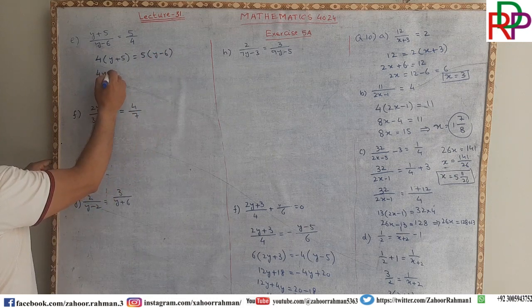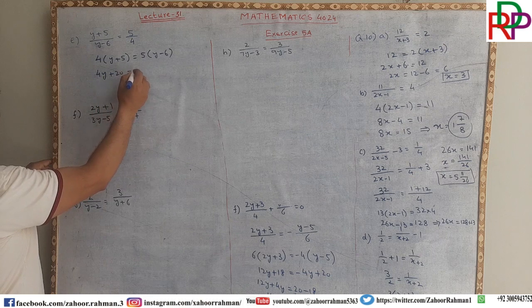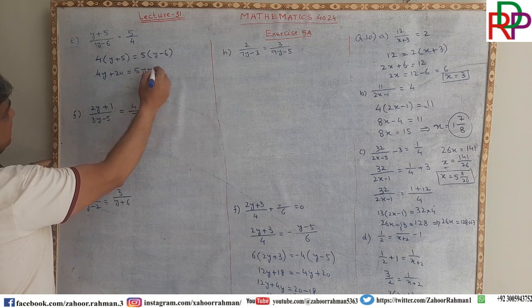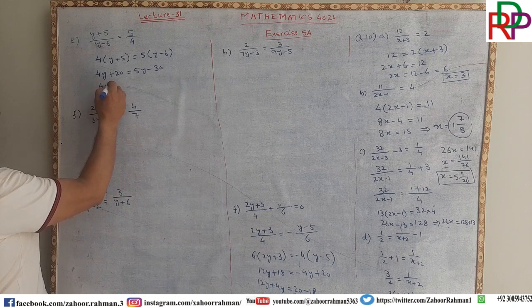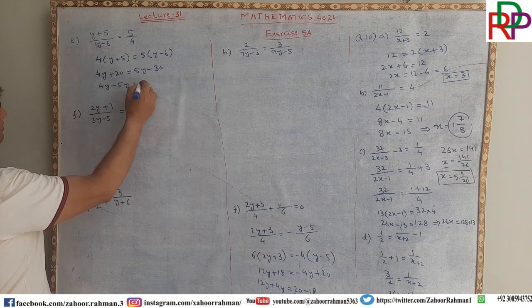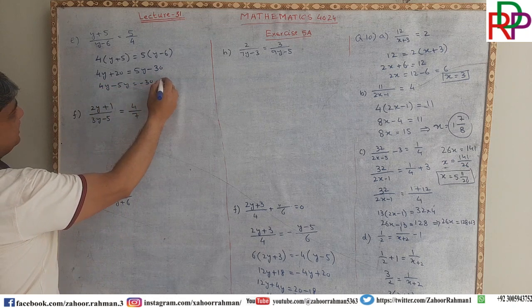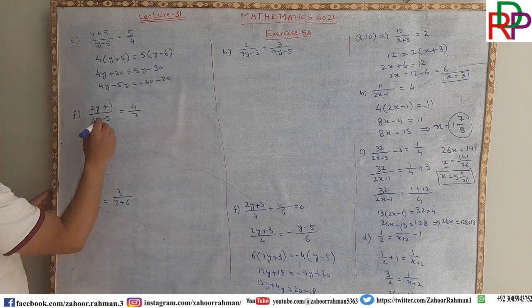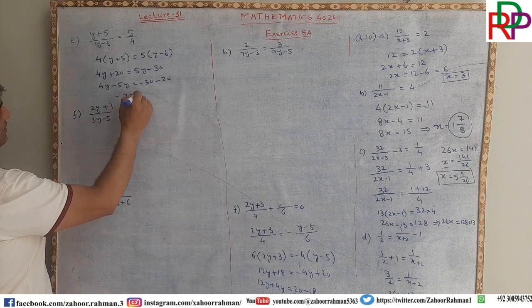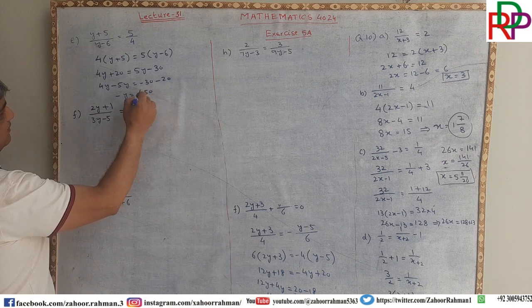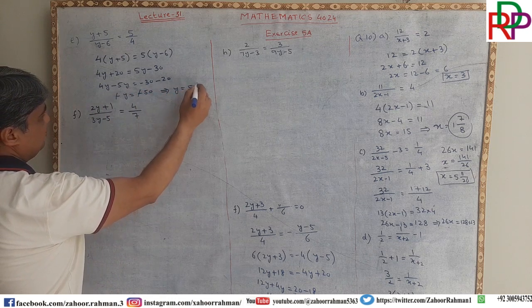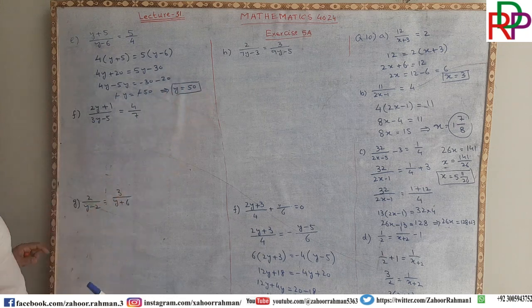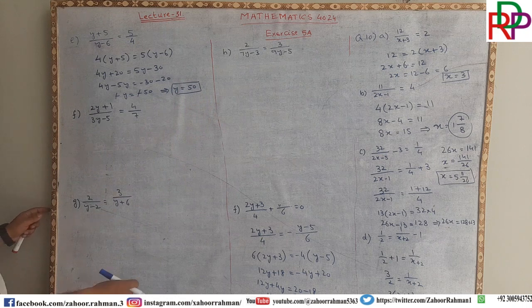So 4y plus 20 is equal to 5y minus 30. 4y minus 5y is equal to minus 30 minus 20. So minus y is equal to minus 50, minus minus will be cancelled. So y is equal to 50. And that is the ultimate answer of this question.